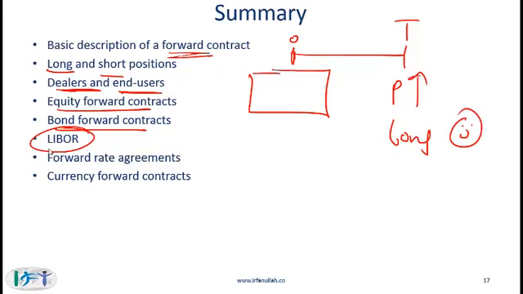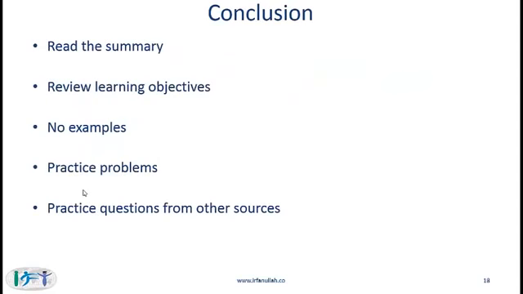So it is a rate paid by private parties, where the private parties have a very strong credit rating. Forward rate agreements are essentially forward contracts where the underlying is an interest payment, and currency forward contracts are contracts where the underlying is a currency.